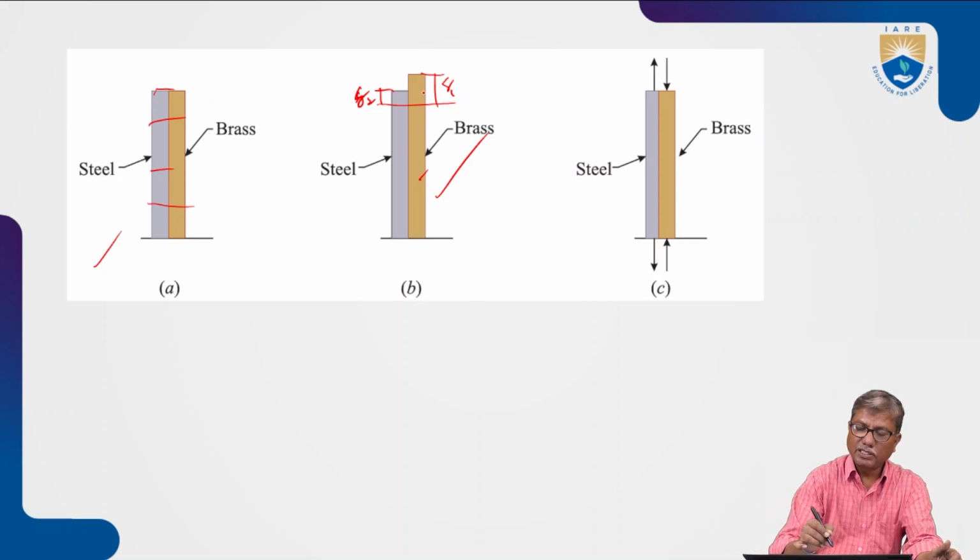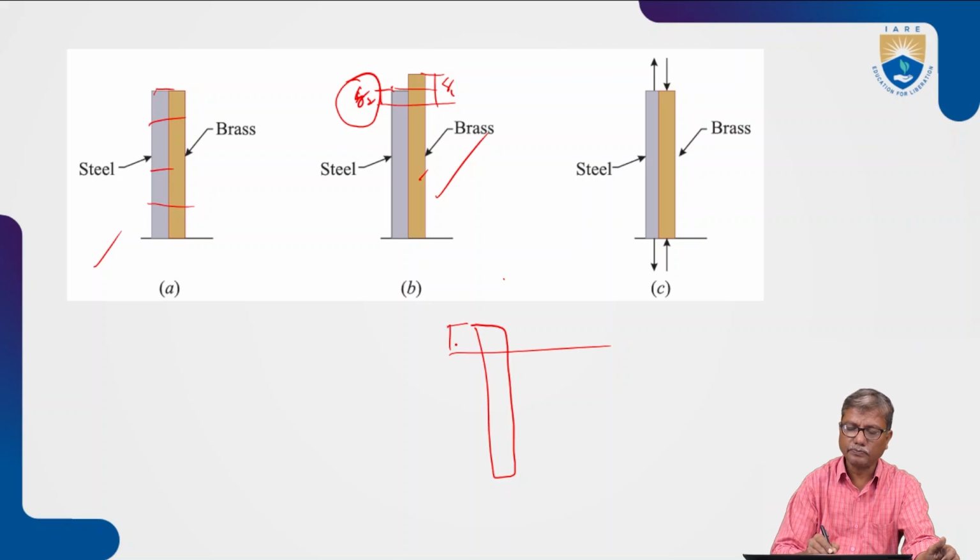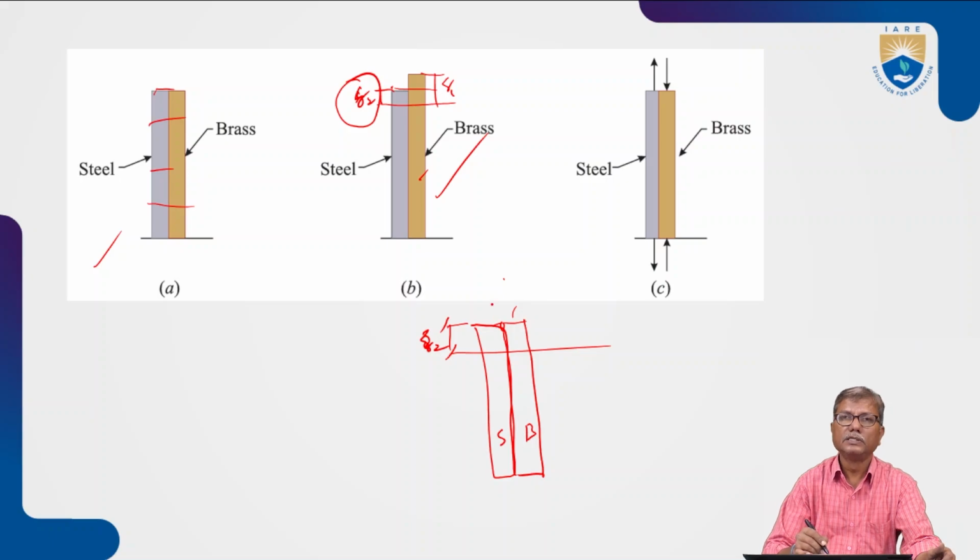They expand freely up to delta 2, the expansion of steel, because up to that there will be no problem. They both expand up to delta 2. Beyond that, what happens? Beyond delta 2, because the materials are rigidly fixed, this is brass and this is steel.